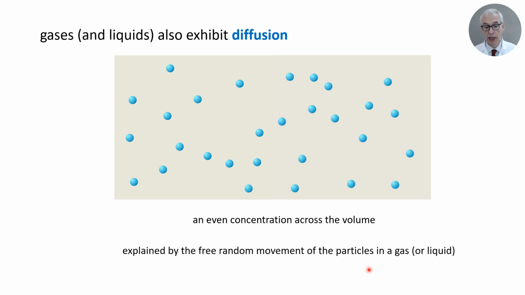That, of course, is explained by the free random movement of the particles in a gas or indeed in a liquid. So random movement without attractions between the particles results over time in an even concentration across the volume.